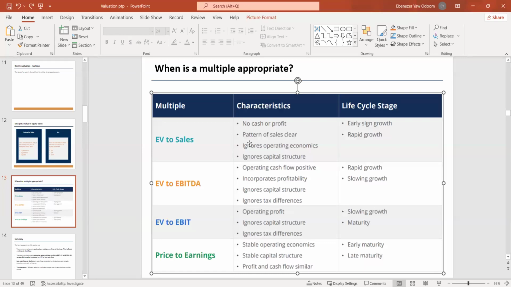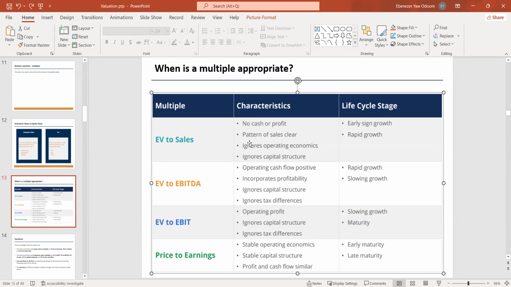For companies at their rapid growth level, I wouldn't want to cite local firms because it might ignite a debate into which company is at which growth stage and all of that. I don't want to get myself into it. So for companies in rapid growth, you can use this multiple.